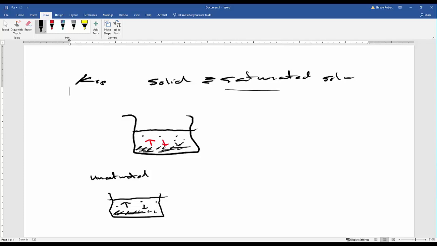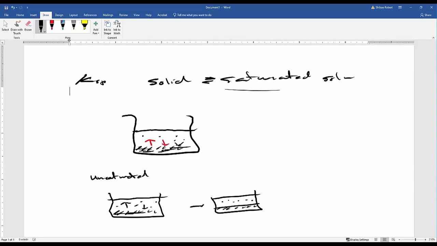What needs to happen is we need to build up the concentration, because the higher the concentration of solute particles in solution, the greater the crystallization rate. The more dissolved particles we have, the more they impact on the surface of the solid, and when they impact on the surface, they can get stuck. If they get stuck, we call it precipitation.